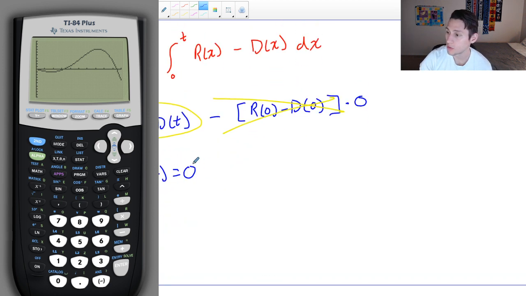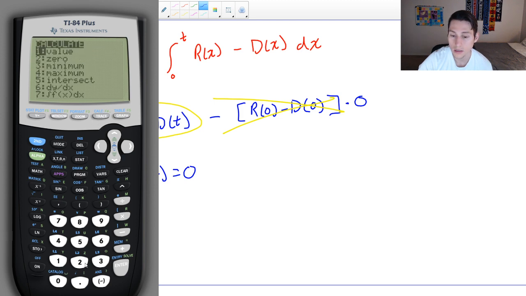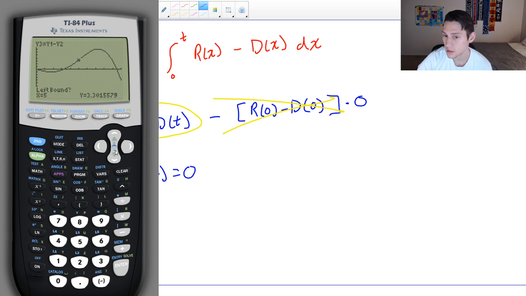So we're trying to figure out when is this function equaling 0. So I can see 2 points right now where it equals 0, but this one is outside of the boundary, right? 3, 4, 5, 6, 7, 8. 8 is right here. So I only want to find an x-intercept in between 0 and 8. So I want this. So second trace 0. My left bound, so like I did before, you can click a ton or you could enter in a number.